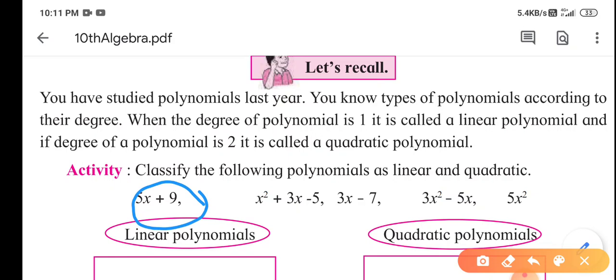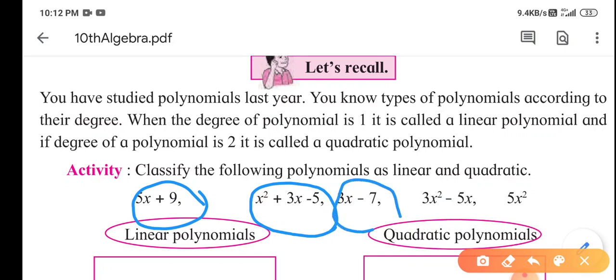That's why this is a linear polynomial. The second, x square plus 3x minus 5: the highest degree is 2, because the highest power of the variable is 2. That's why this is a quadratic polynomial.